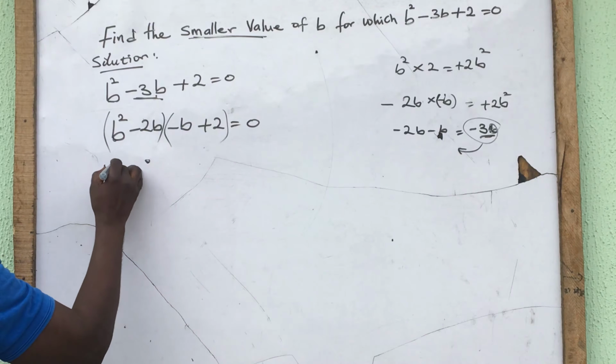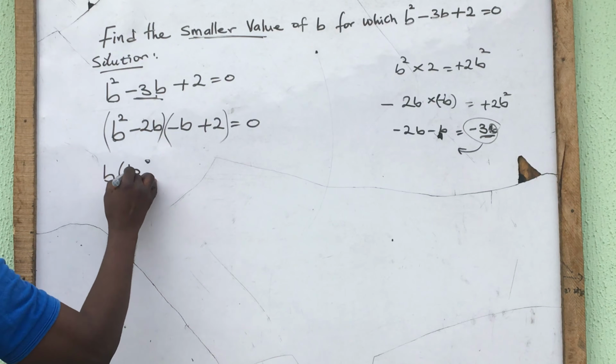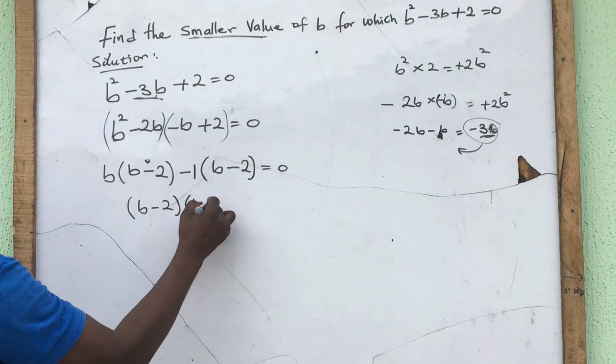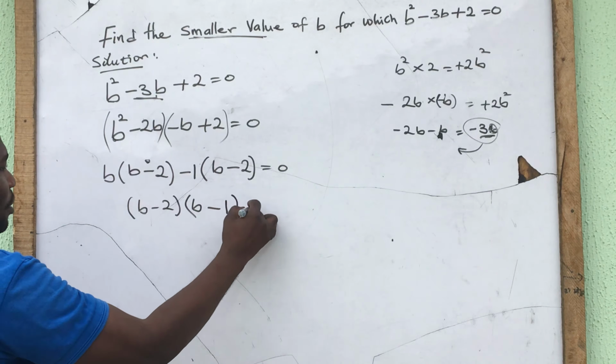We have b into b minus 2, then from here we have minus 1 into b minus 2, because minus 1 times minus 2 equals plus 2. So b minus 2 is the common factor. Then we have b minus 2 times b minus 1 equal to 0.